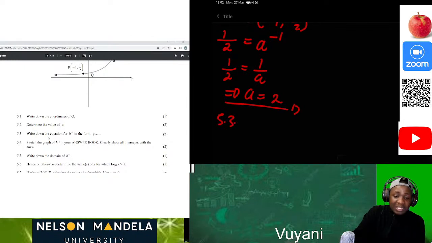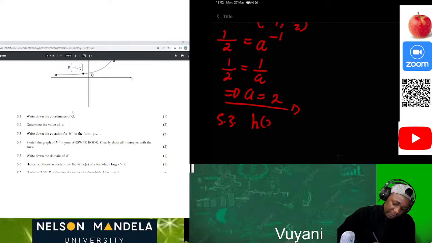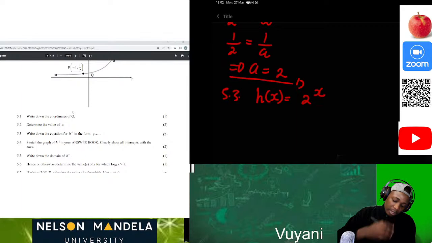5.3. What do they want? Functions are so nice, guys. Call in your friends and share with your friends and tell them that functions are cool. Write down the equation of h inverse in the form y equals. This is easy because now we know that h of x is equal to 2 to the power of x. Then y equal to 2 to the power of x.